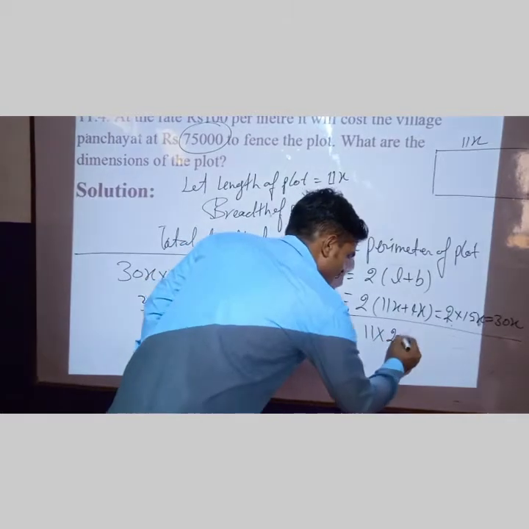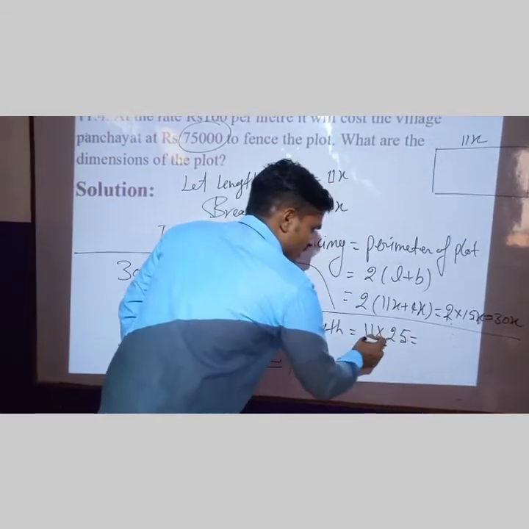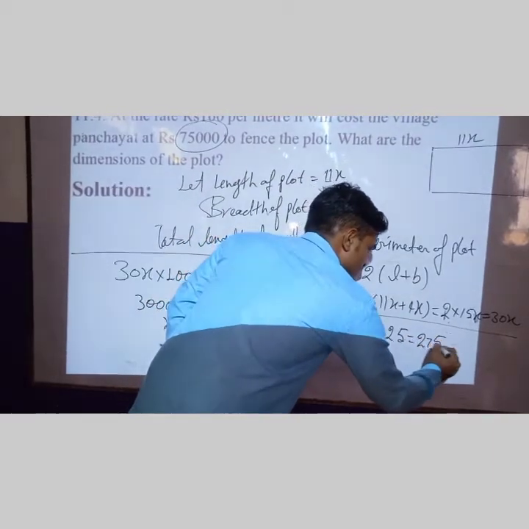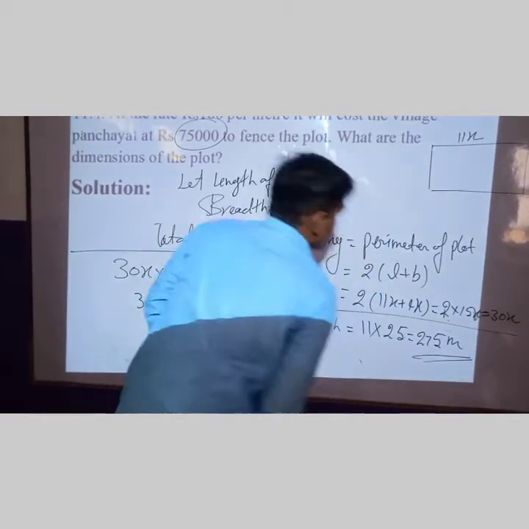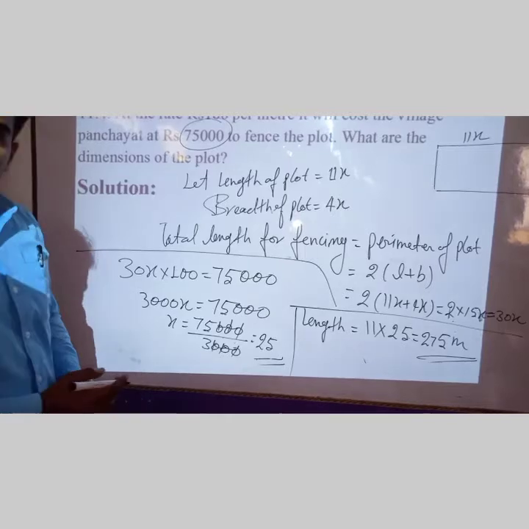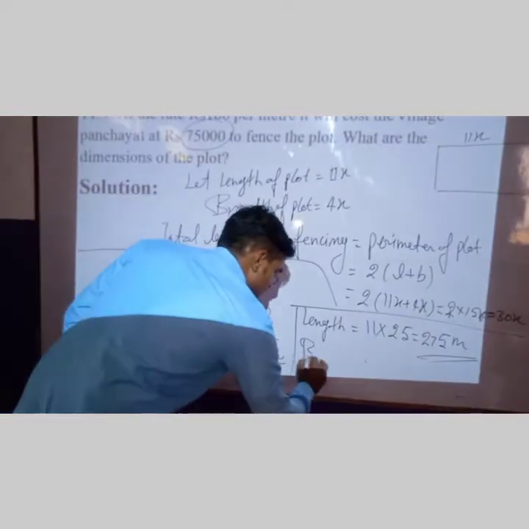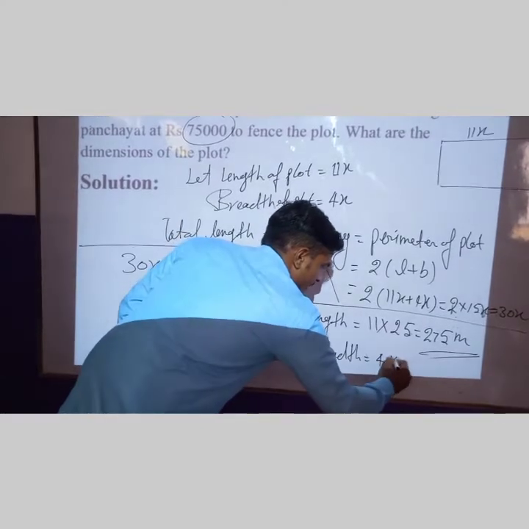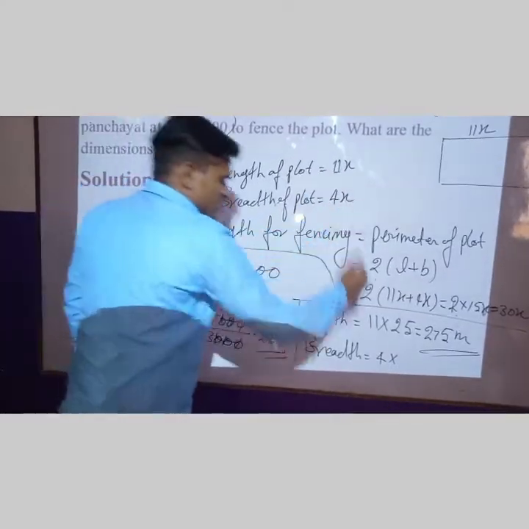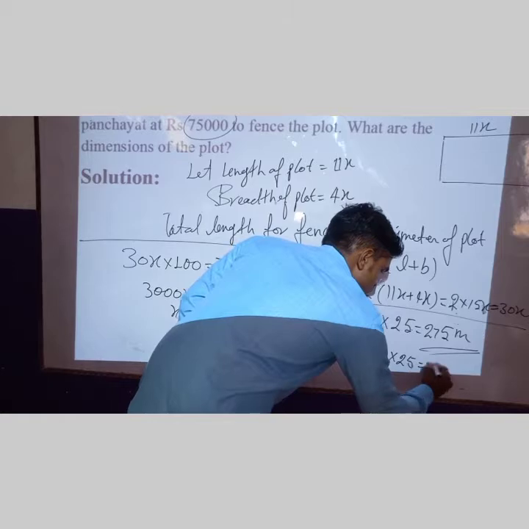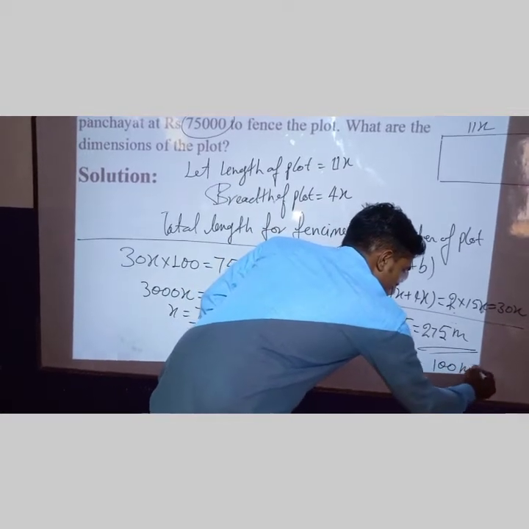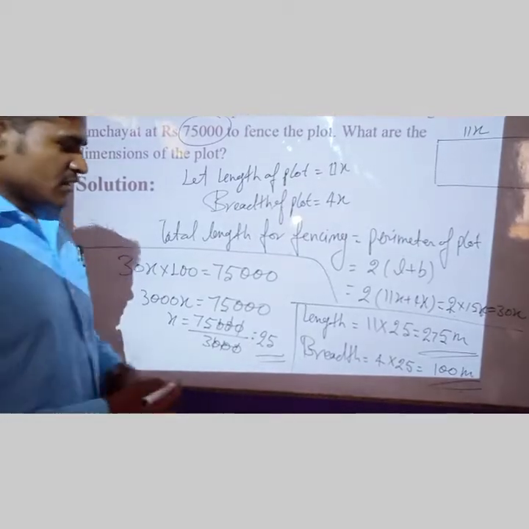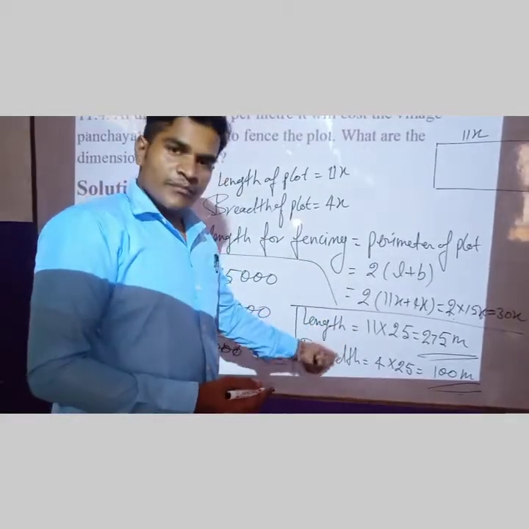So 11 times 25 is 275 meters. What do we get? 275 meters. And breadth is equal to 4 into x, replaced by 25, so it is equal to 100 meters. So we get length 275 meters and breadth 100 meters.